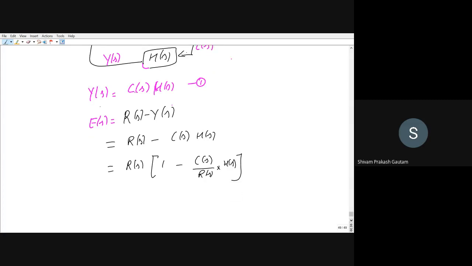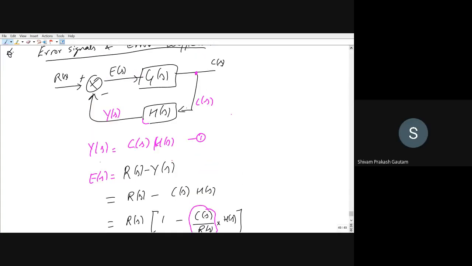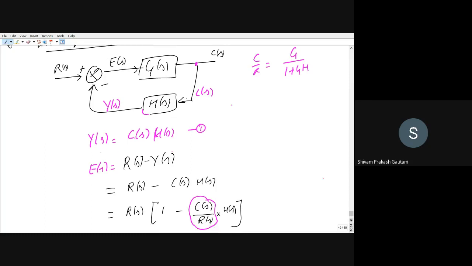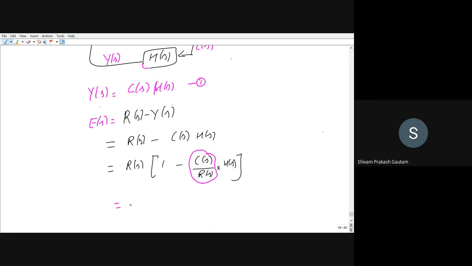Now C of s upon R of s, what is this? This is the closed loop transfer function, is it not? And what is the closed loop transfer function? That is C by R, which we have already calculated: G upon 1 plus GH. So I will put the value of C upon R there. R of s into 1 minus G of s upon 1 plus G into H, multiplied by H of s.